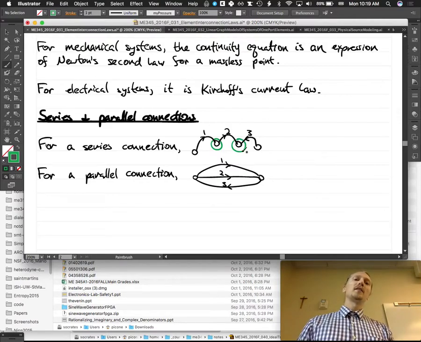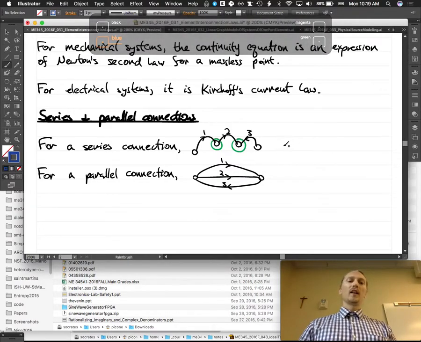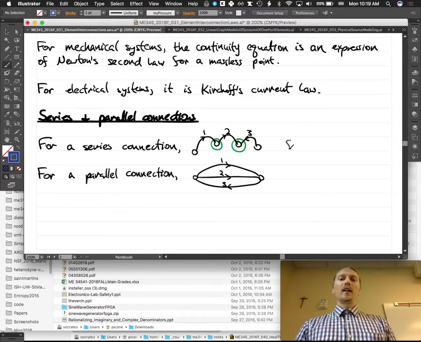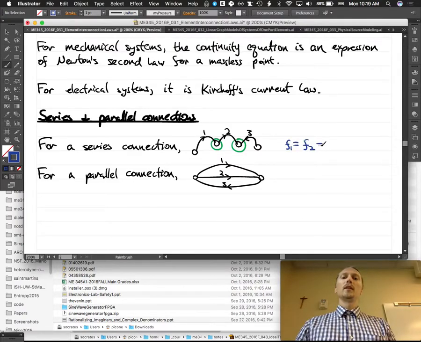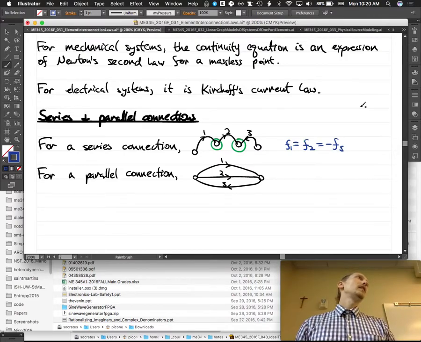If we were to draw these two contours, then we would find out that F1 equals F2 equals negative F3, right? Does that make sense? Was that too many steps skipped? Okay, I'm going to back that up.